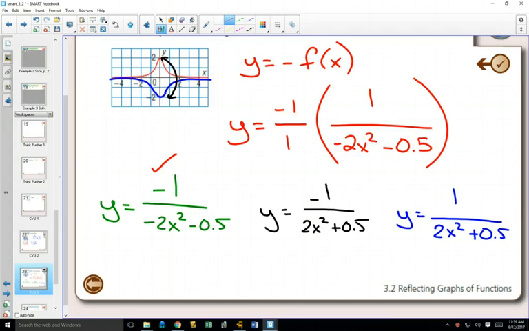Now, in part 2, I multiplied the top by a negative 1 and the bottom by a negative 1. What does that make this out in front? That makes it a positive 1. If I multiplied the top by a negative 1 and the bottom by a negative 1, I've actually changed this to a positive, so this one would be wrong.